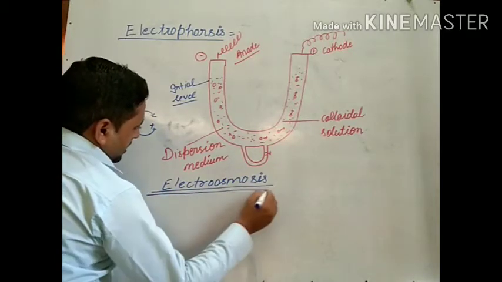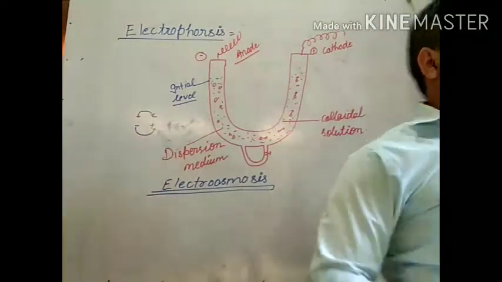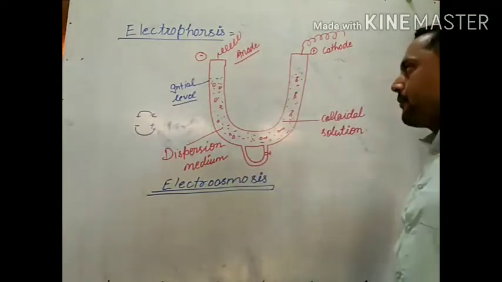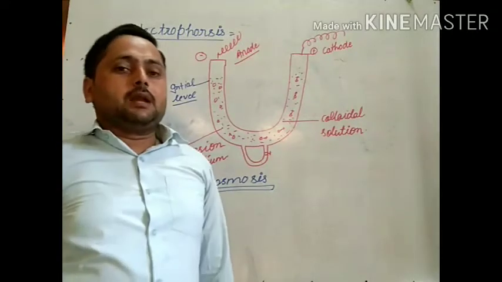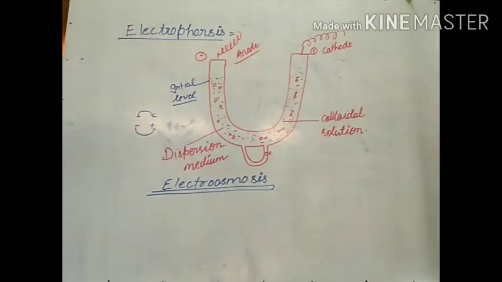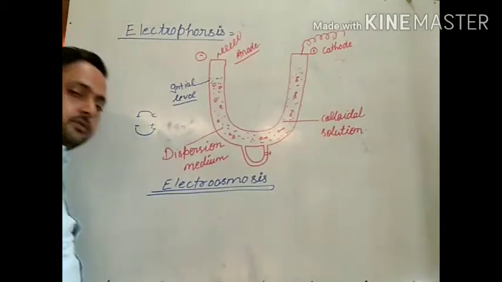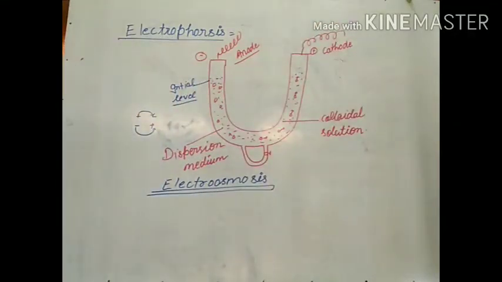When by some means we stop the movement of colloidal particles toward the electrode, the dispersion medium also starts to move toward the electrode, and this is called electroosmosis.